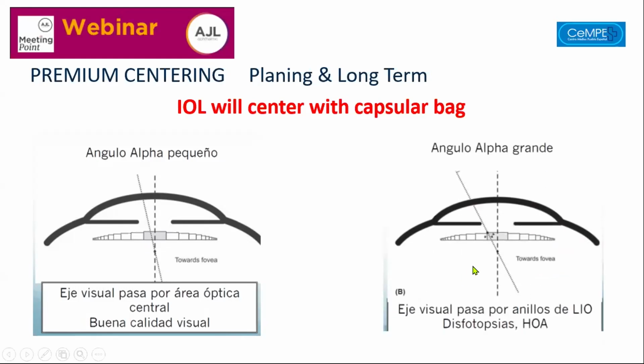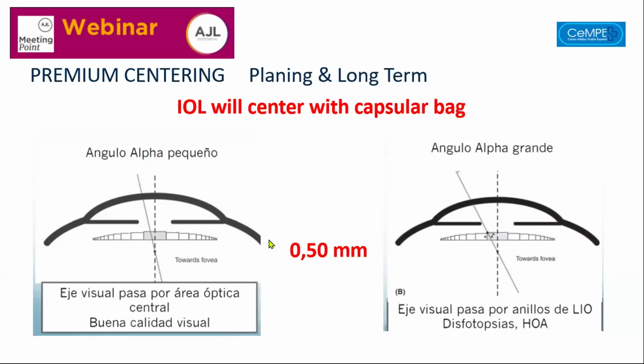On the other hand, if your kappa angle is larger, bigger, then you may be at the risk of having centered the lens with the capsular bag, but the visual axis could pass through the edge or through another area of the diffractive lens, producing dysphotopsia and high order aberrations, and thus having an unhappy patient.